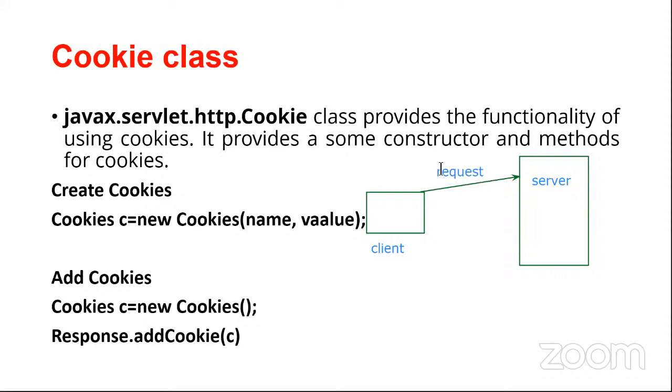Now after processing, the response will be sent back, return arrow. The response will be sent back to the client along with a cookie. So this is a response which is given back.